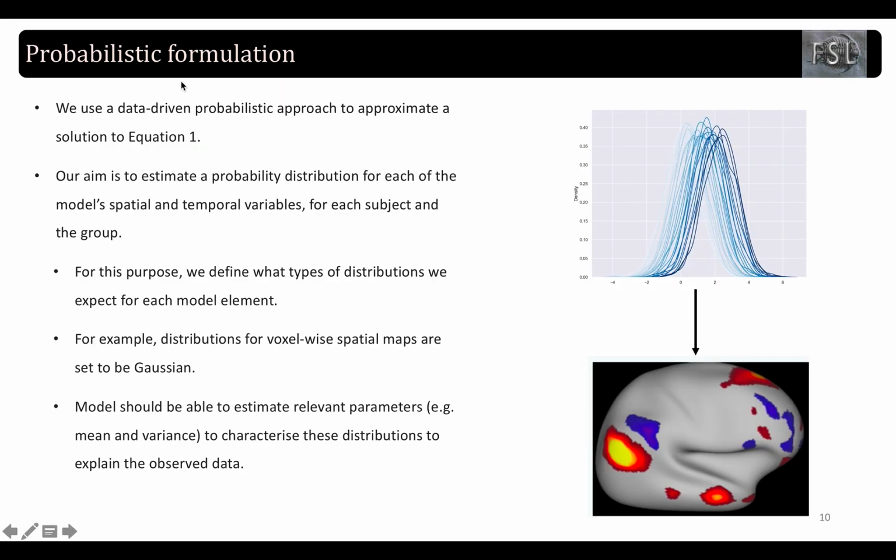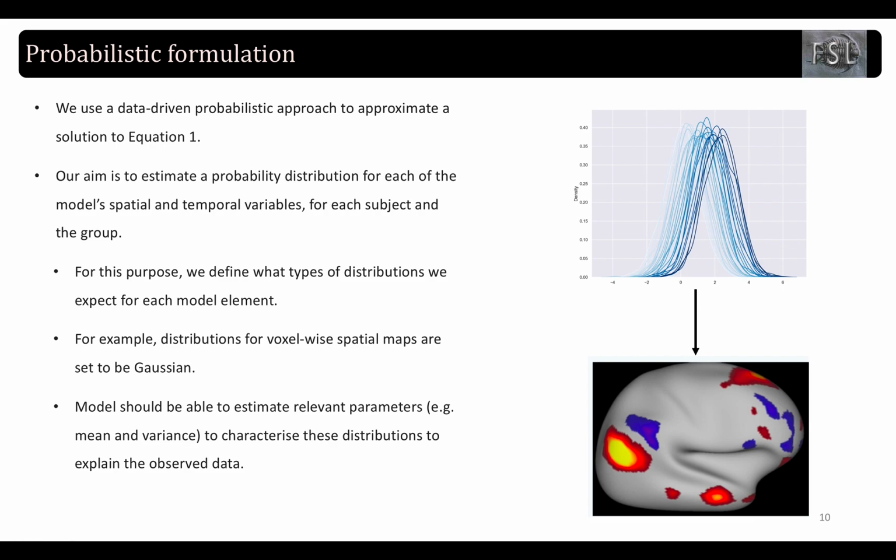Therefore, we come up with a data-driven probabilistic approach to approximate a solution to equation 1. It is data-driven because none of the variables P, H, and A are predefined. We want to estimate all of them from the data.